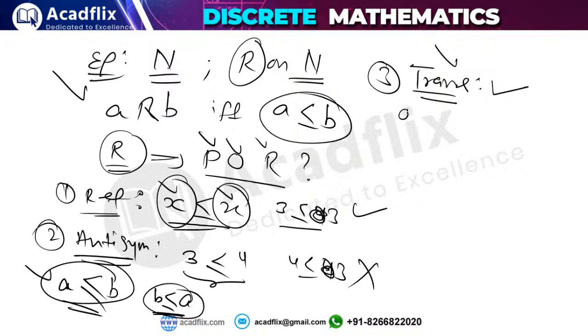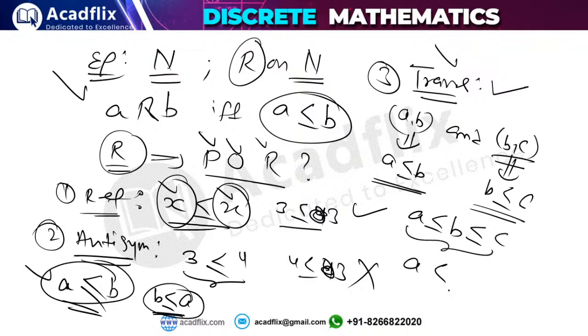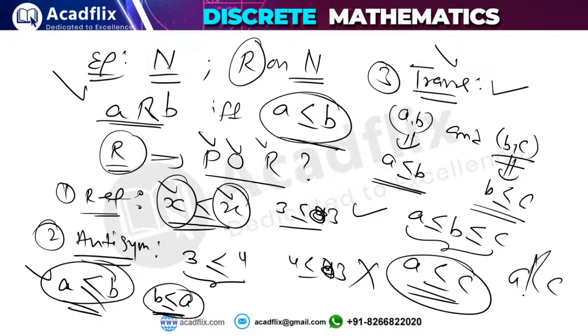We assumed that A is related to B and B is related to C. This means A is less than or equal to B, and B is less than or equal to C. So A is less than or equal to B, less than or equal to C. It means A is less than or equal to C, and A is less than or equal to C means A is related to C.